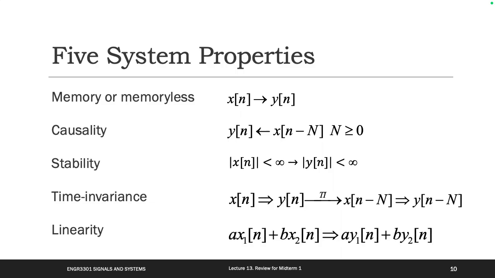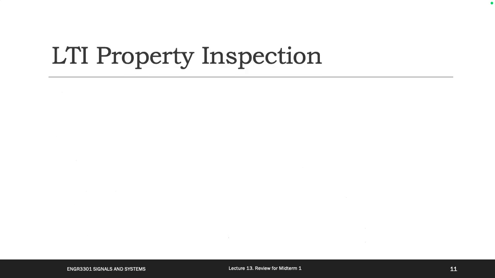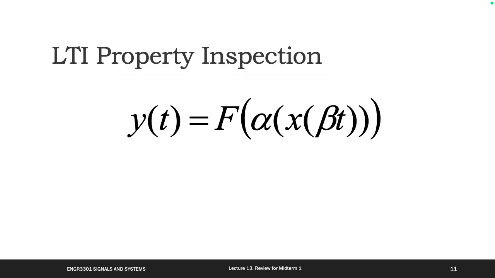And then linearity means if you have a linear combination of the inputs, you have the same linear combination of the outputs. For time invariance and linearity, we have a 4-step way to prove if it is linear or time invariant. Yeah, any question?